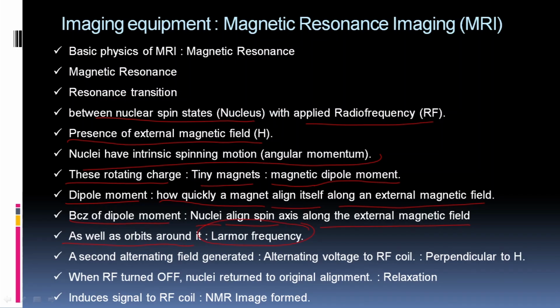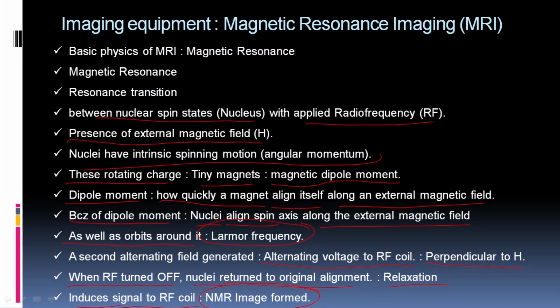A second alternating field is generated by applying an alternating voltage to the RF coil, which is perpendicular to the H, meaning the external field. Now, when the RF coil is turned off, the nuclei return to the original alignment, and this phase is known as relaxation, which induces RF signals in the RF coil, and the NMR image is formed.